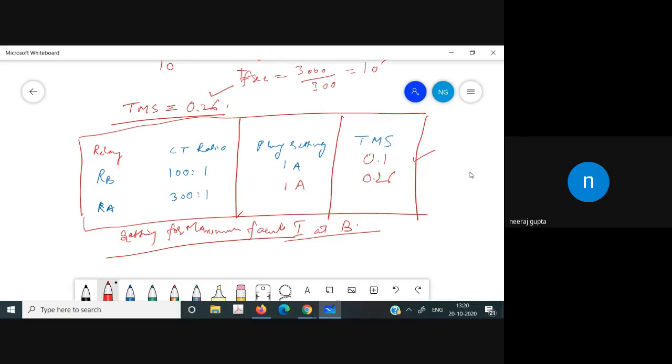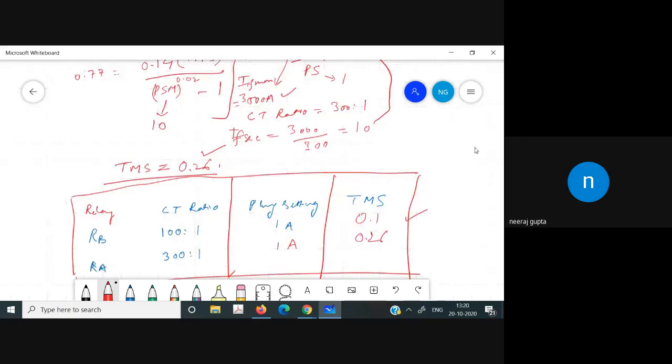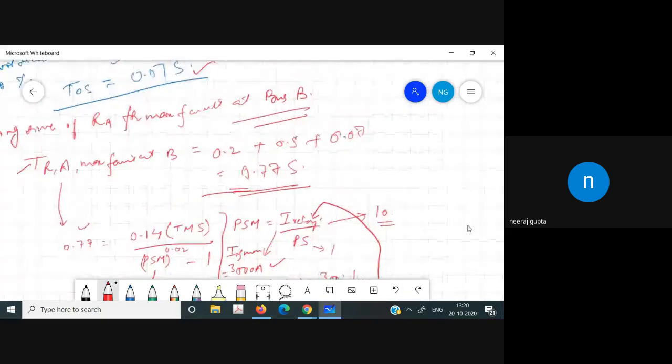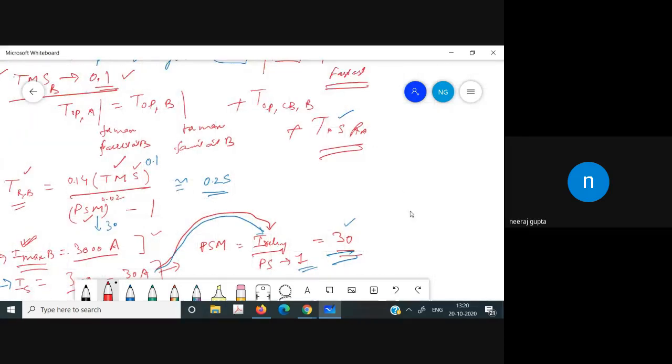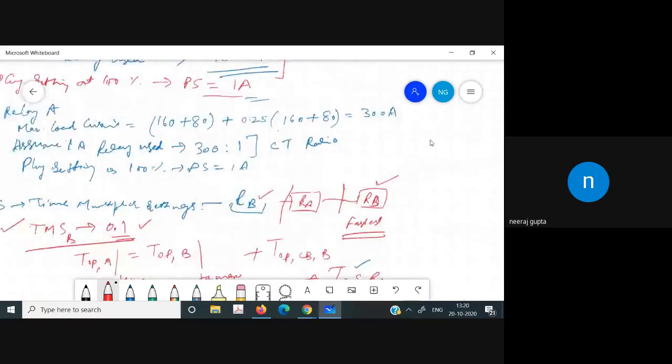Now, as we have seen, we have done the setting for the maximum fault current and we have to do the testing for the minimum fault current at B. So what is the minimum fault current?